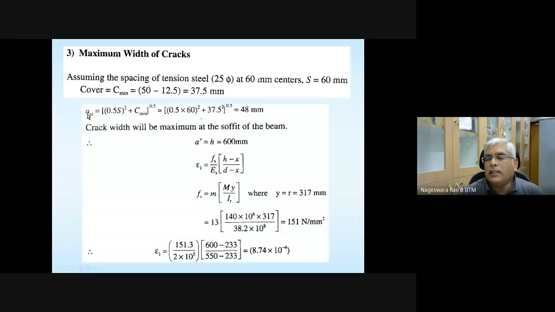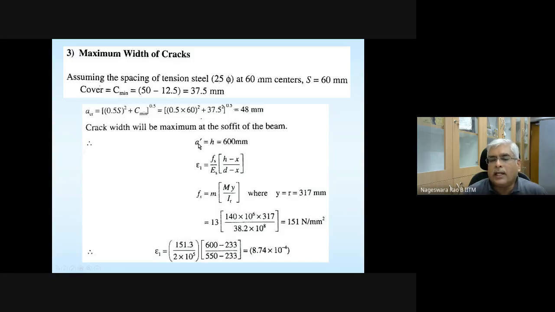And then acr is calculated using the 2 sides of the triangle. Please cross check whether these numerical values are correct or not. And crack width will be maximum at the soffit of the beam or the bottom surface.